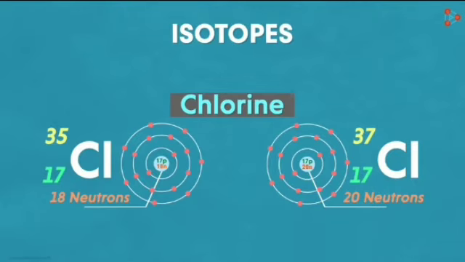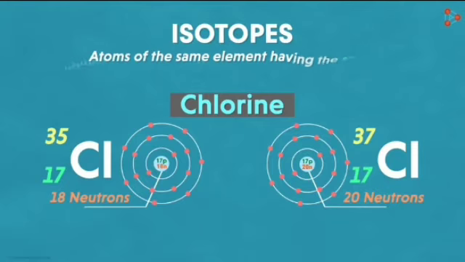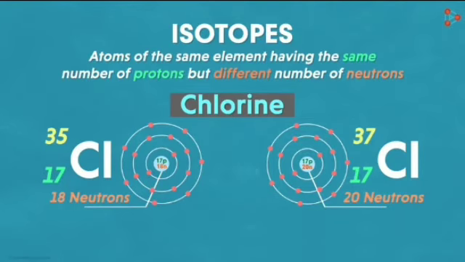So the difference in the mass numbers is because of the difference in the number of neutrons. So atoms of the same element having the same number of protons but different numbers of neutrons are isotopes, or the atoms of an element that have the same atomic number but different mass numbers are called isotopes. Is it clear?